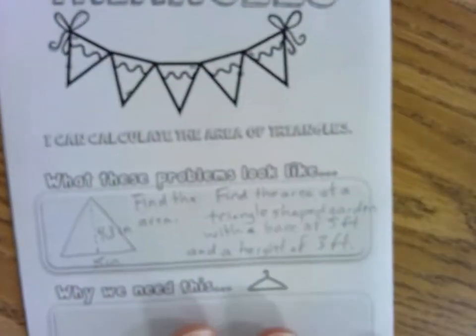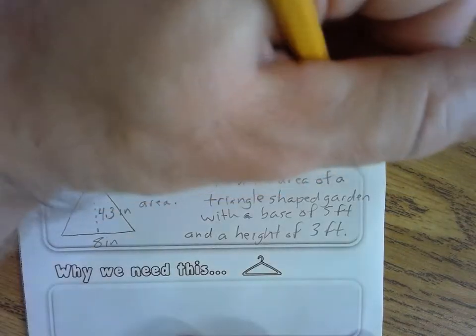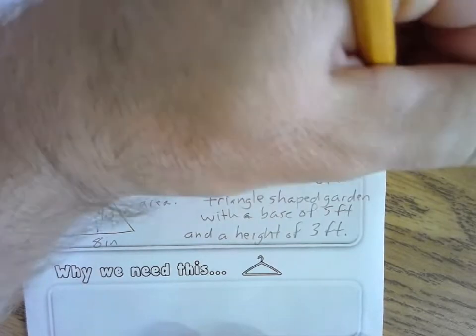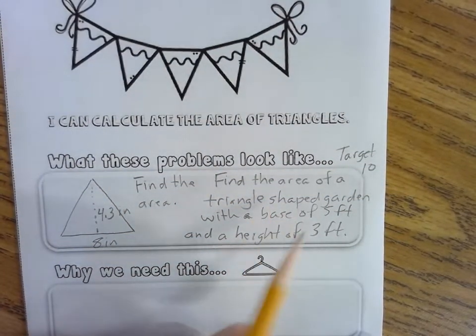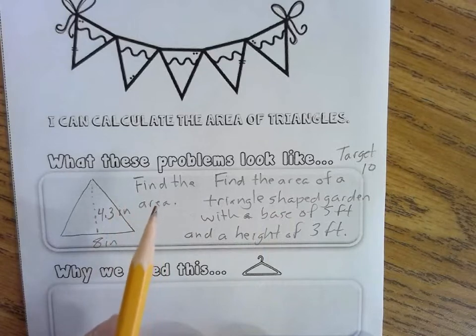Sorry, that's a little blurry. So find the area of a triangle shaped garden with a base of 5 feet and a height of 3 feet. You can write this down: Target 10. You have to be able to look at this type of problem, realize that you need to use the area formula for the triangle, and then solve it.